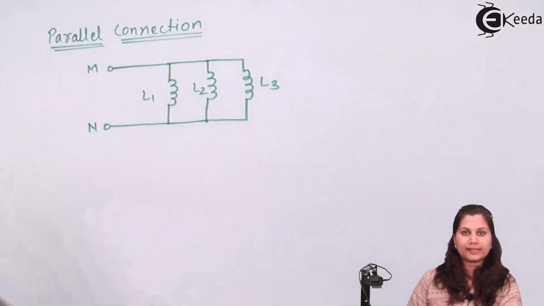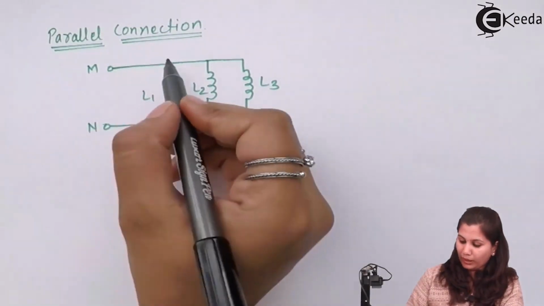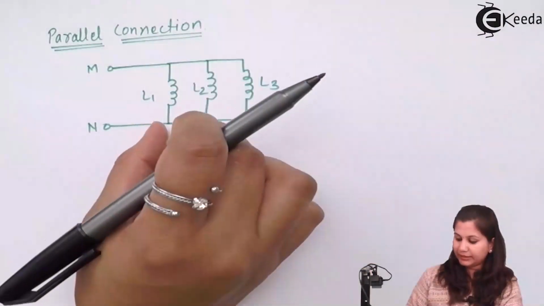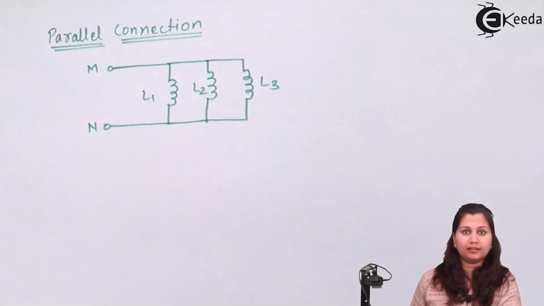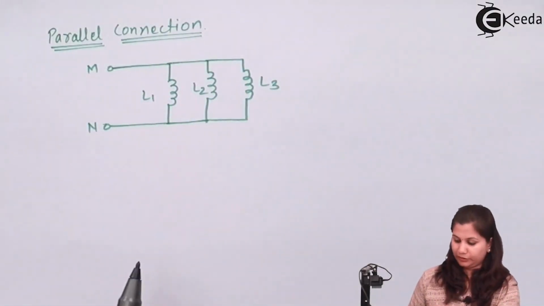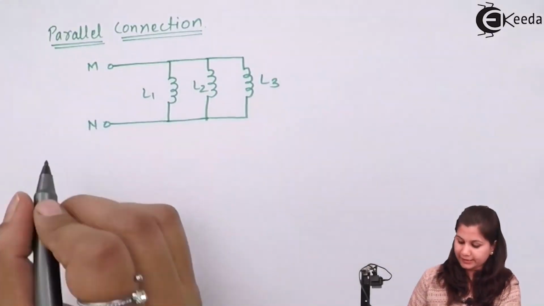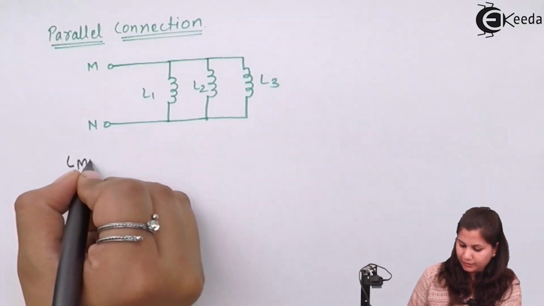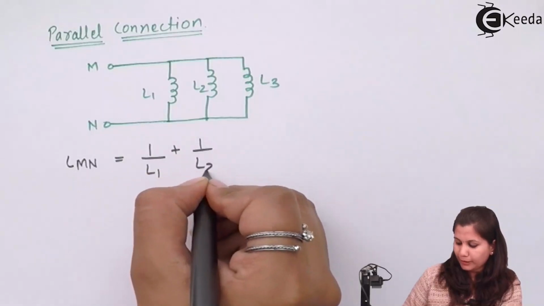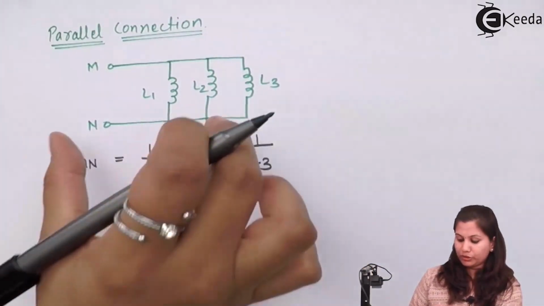One end of all the inductors is made as one point and the other end of the inductors is made as a second point. All will be connected in parallel with each other. So in this, the equivalent inductance is given by 1 by Lmn equals 1 by L1 plus 1 by L2 plus 1 by L3. How do we come to this equation?